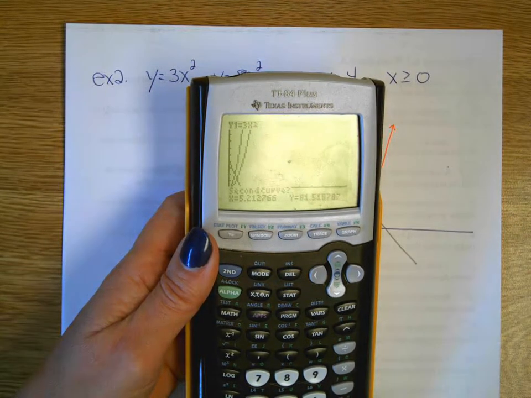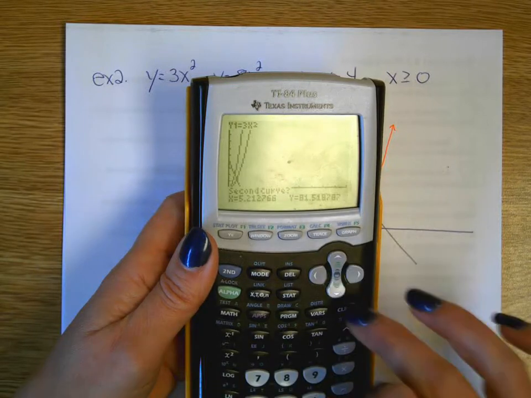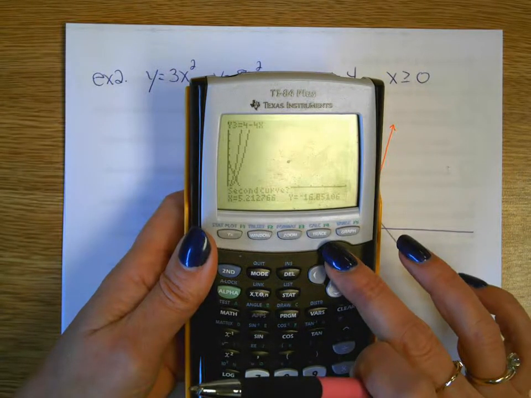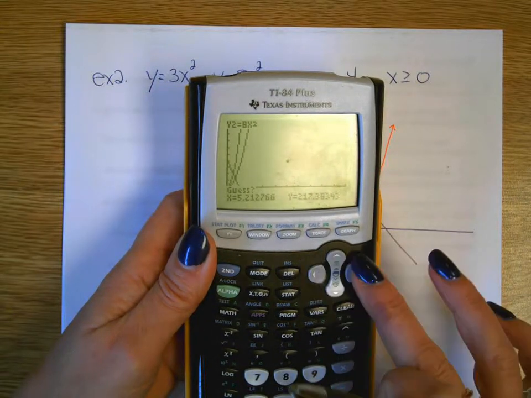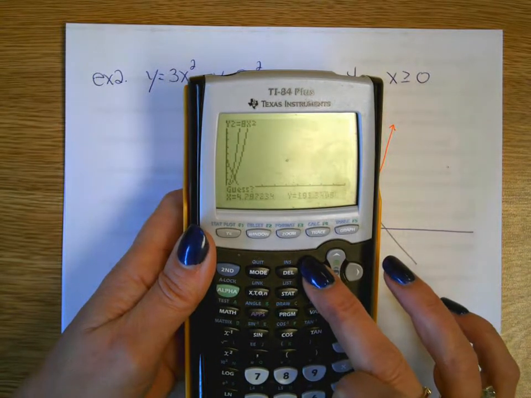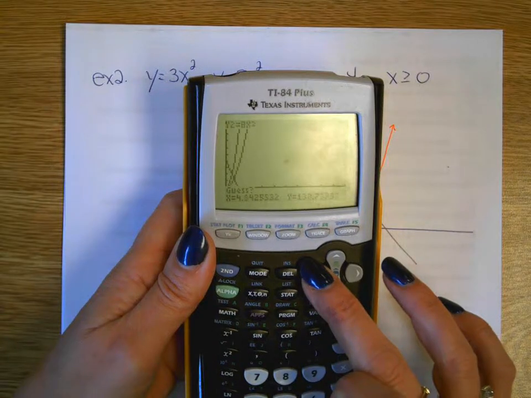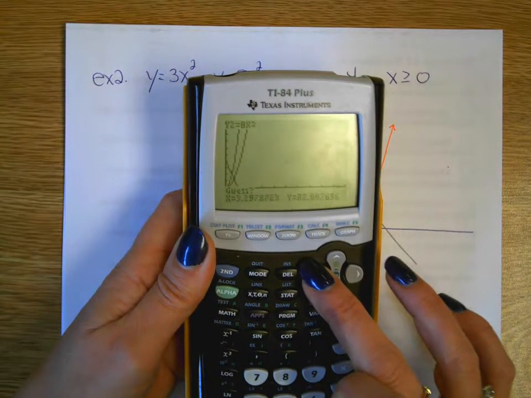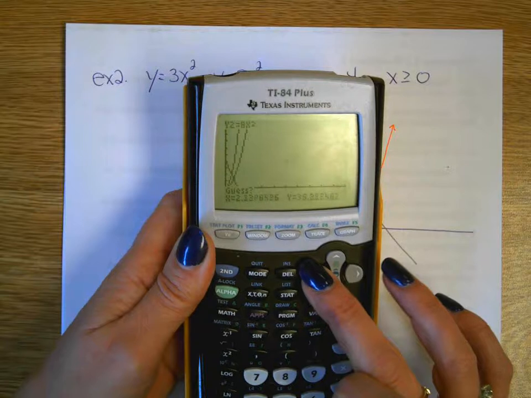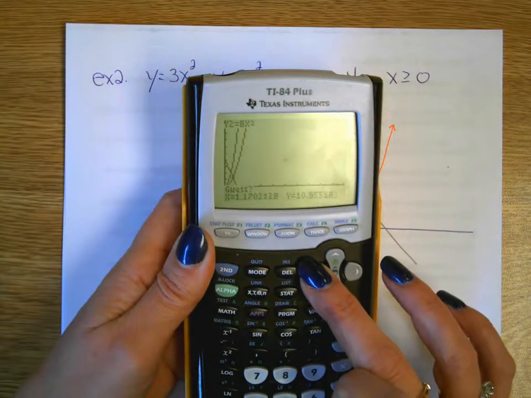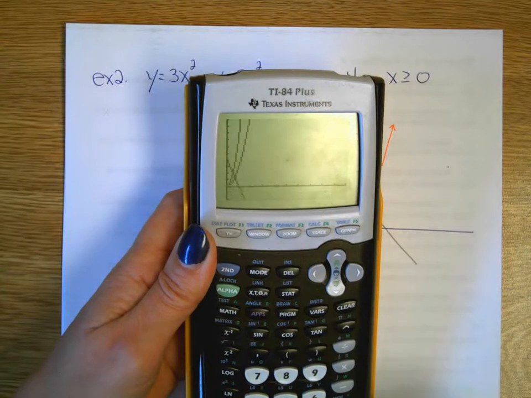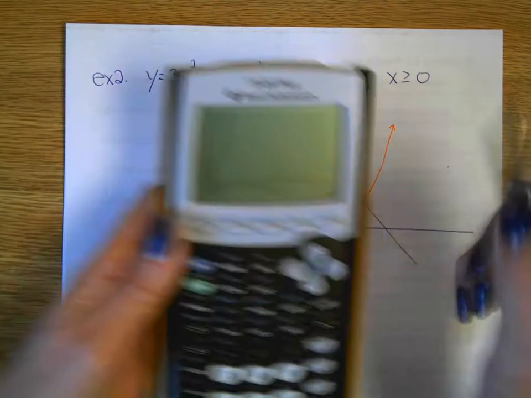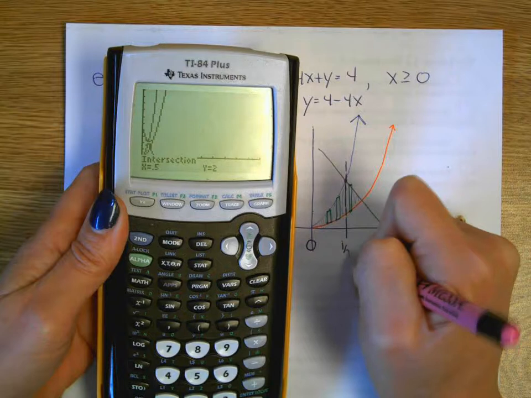I'm going to hit enter. Now it's still on Y1. I'm going to get it to Y2 and hit enter. And then I will get close to that intersection coming in. Oh, here it is. Enter. X value is a half, so it's crossing at a half.